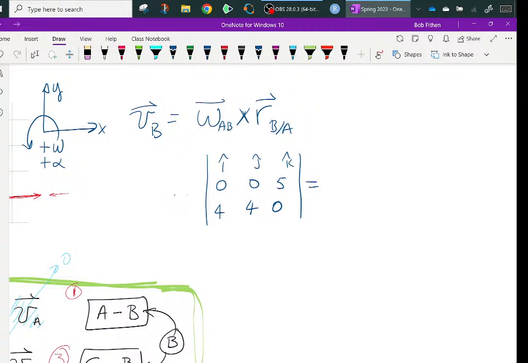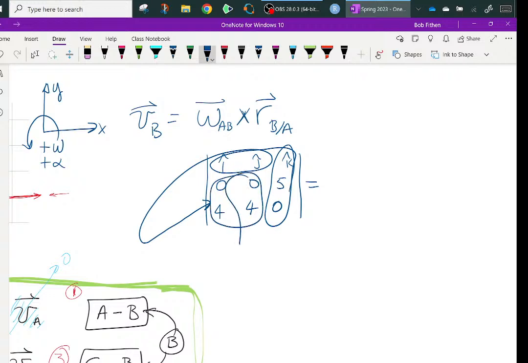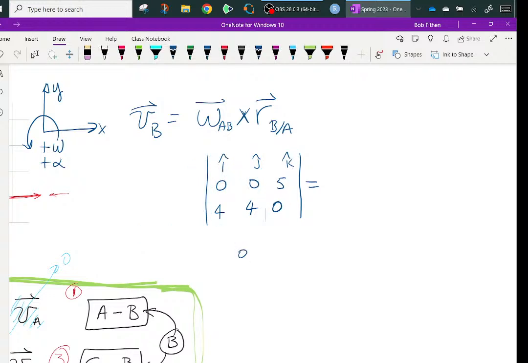Really, well, I'm trying to think. It looks like I'm not going to have a K component, because if I get rid of this row and that column and take the determinant of this, I'm going to get a 0. So I'm only going to have an I component, which will be 0, 5, 4, 0.